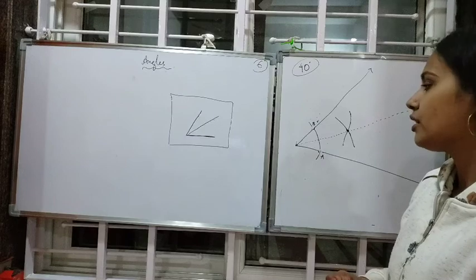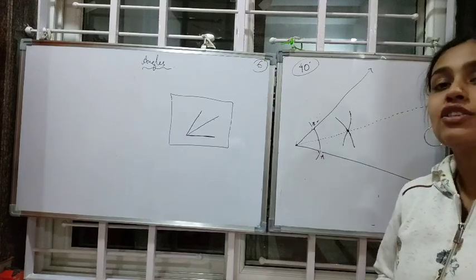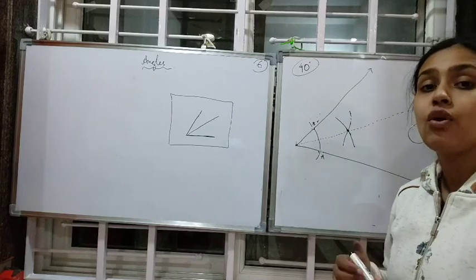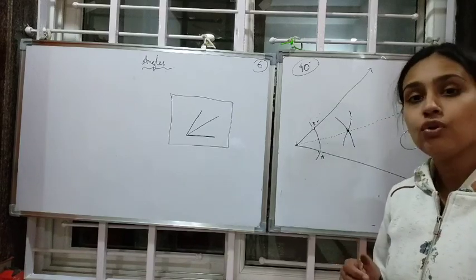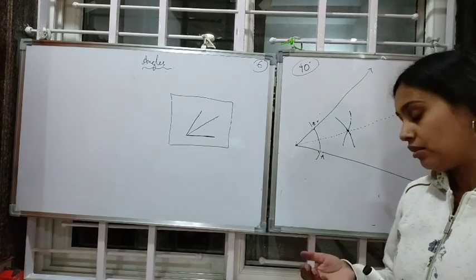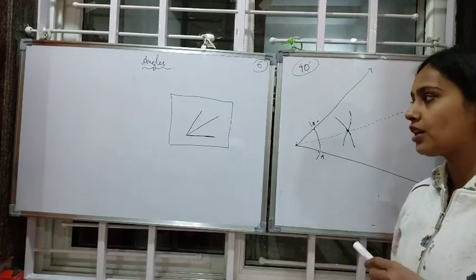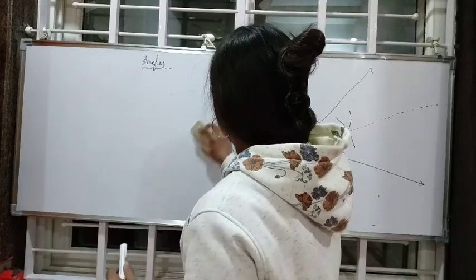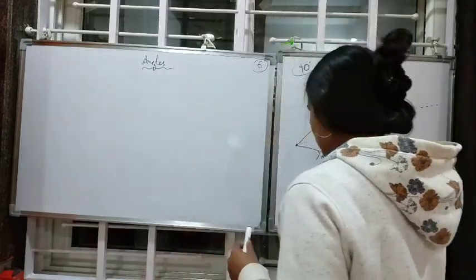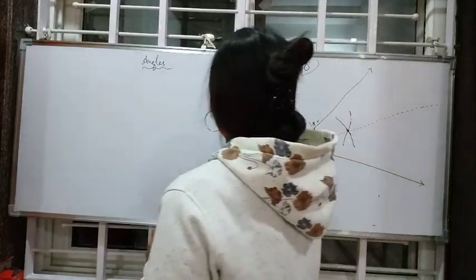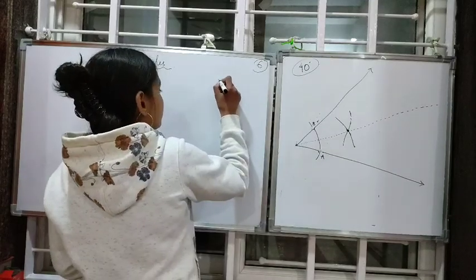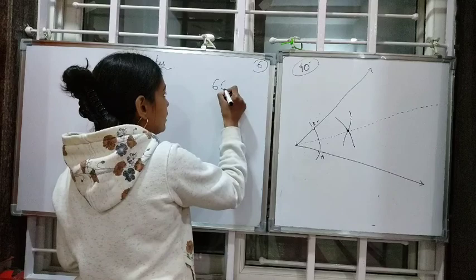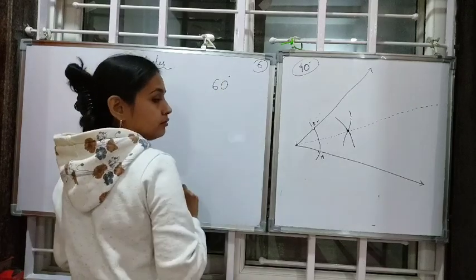Okay. Now children, there are certain special angles where we don't need to use a protractor, but we can construct them. Such angles are known as special angles, and an example of such an angle is 60 degree.